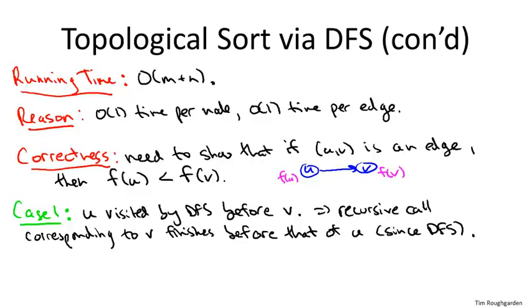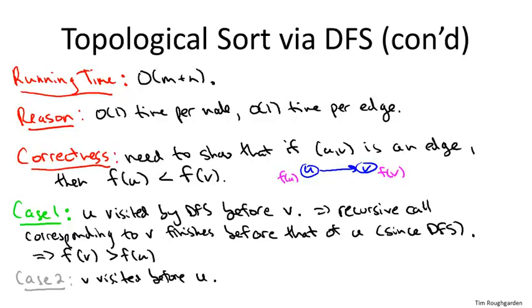Now what's up in the second case, case 2? So this is where V is visited before U. And here's where we use the fact that the graph has no cycles. So there's a direct arc from U to V. That means there cannot be any directed path from V all the way back to U. That would create a directed cycle. Therefore, DFS invoked from V is not going to discover U. There's no directed path from V to U. Again, if there was, there'd be a directed cycle.